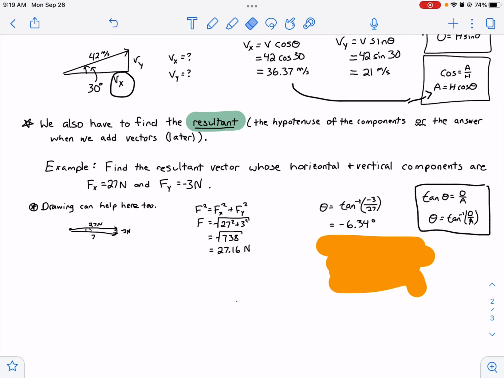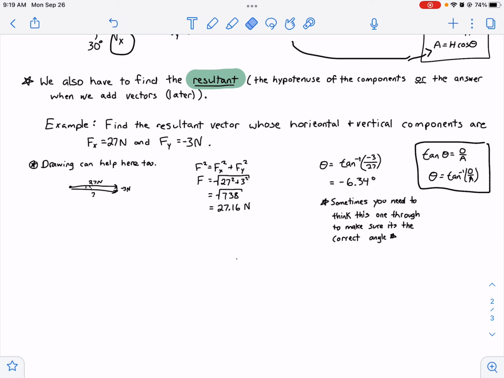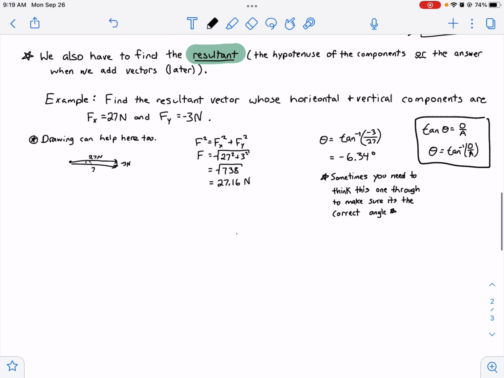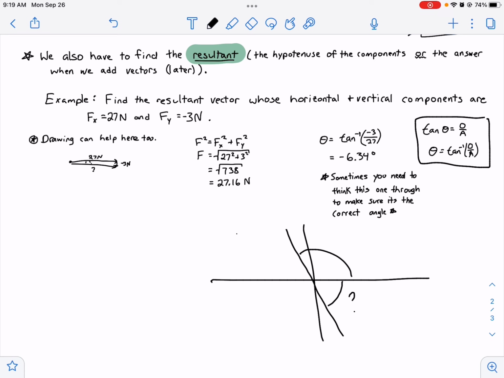Now, sometimes when you do these, you get strange numbers that don't seem reasonable. And that's because, and I'm going to try and draw you a picture here, let me uncover this. Sometimes it gives you strange numbers because it's giving you the opposite angle. And that happens with tangent. So maybe you're looking for this angle, but it gives you this one instead. Actually, that's not a good example.